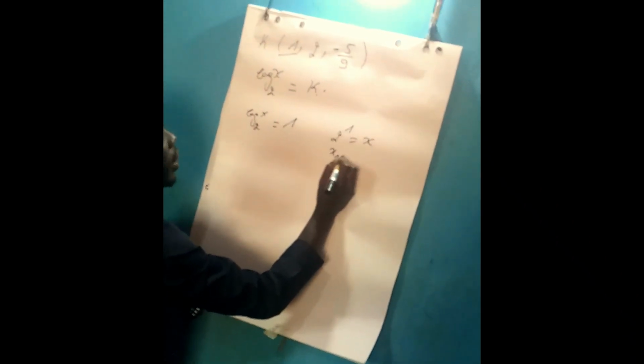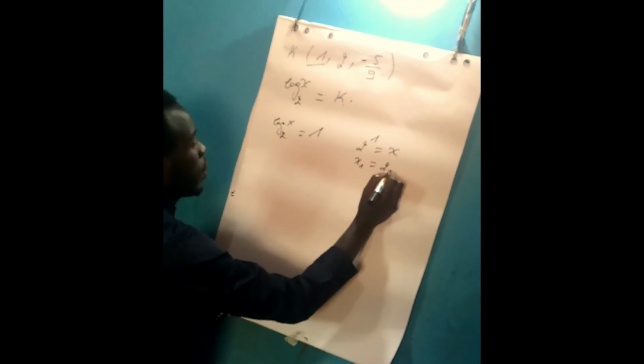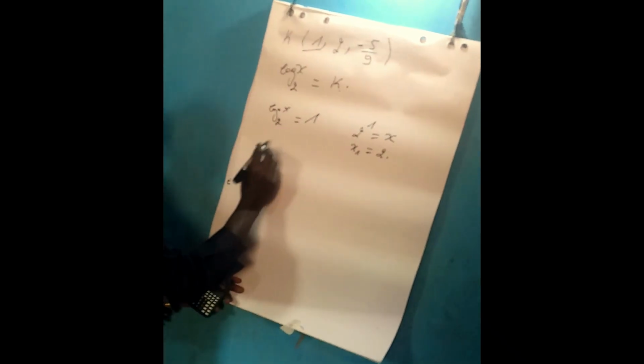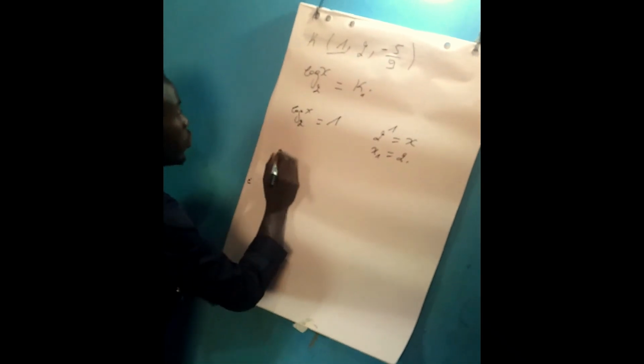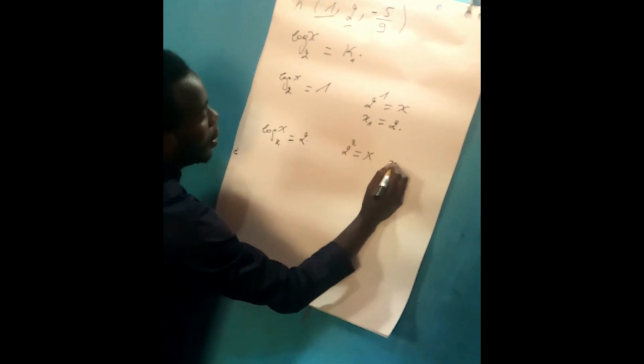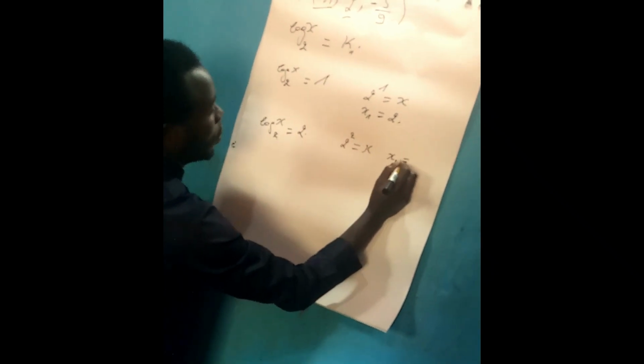So x1 is equal to 2. Then move to solution 2. Logarithm of x base 2 is equal to k, which is equal to 2. It means 2 power 2 is equal to x. x is equal to 4.